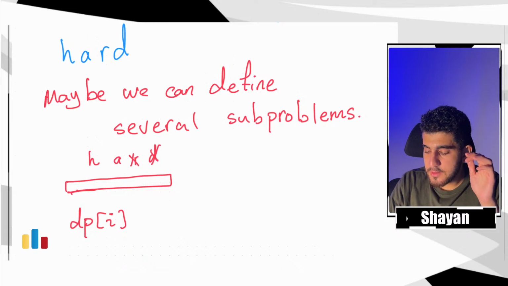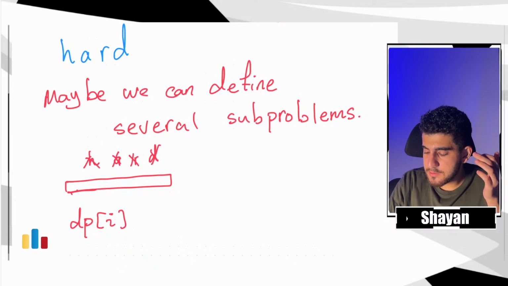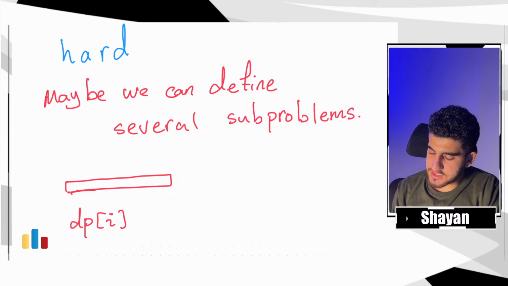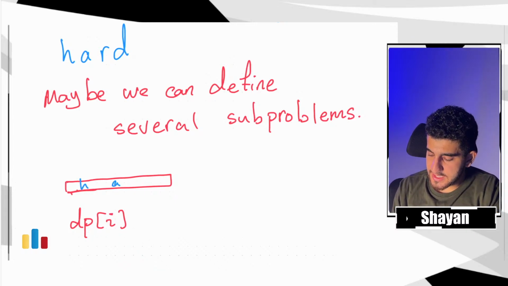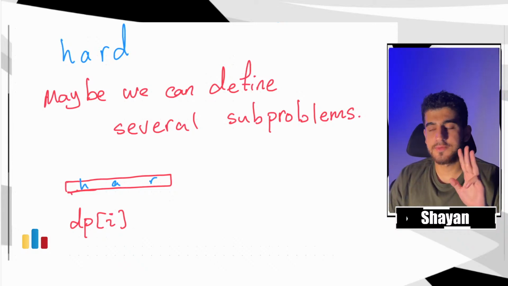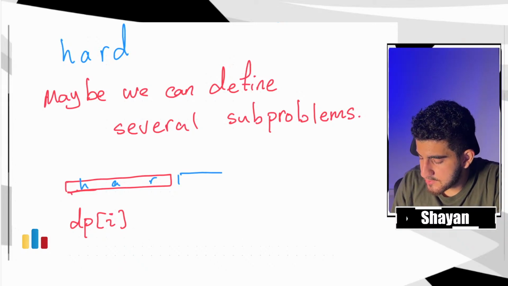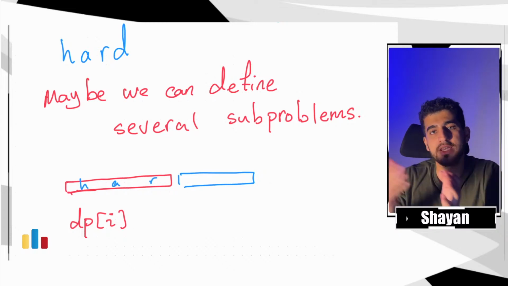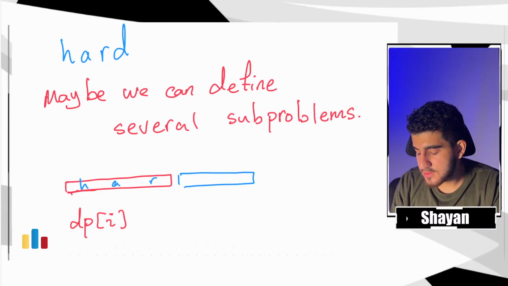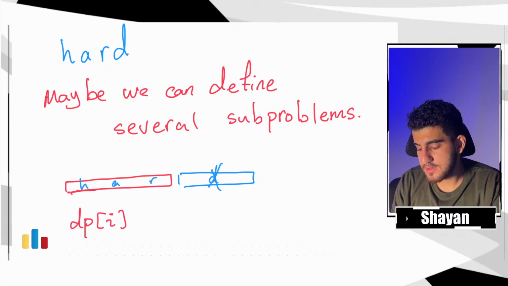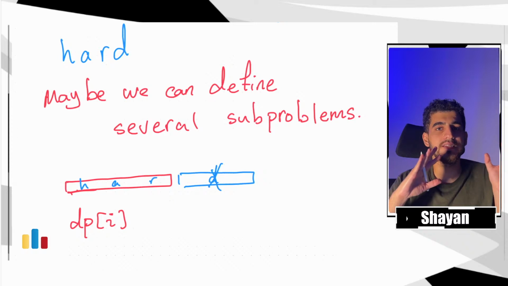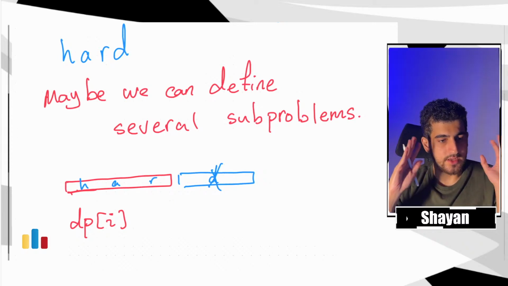This is one way, but another way of making it easy might be like this: there is an H here, an A here, and an R here. So it already has 3 characters. If we are going to add more characters later on to these states, these ones must not have any D. So making it easy is not the only information we need.